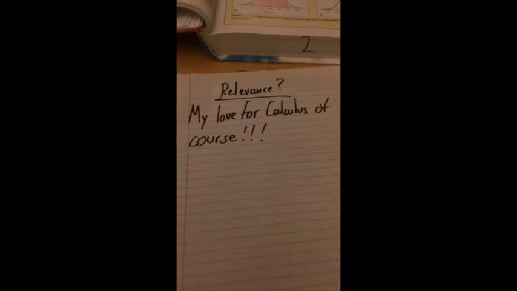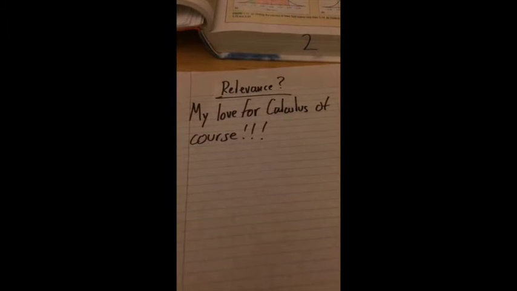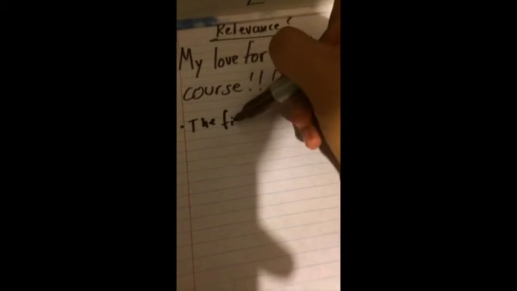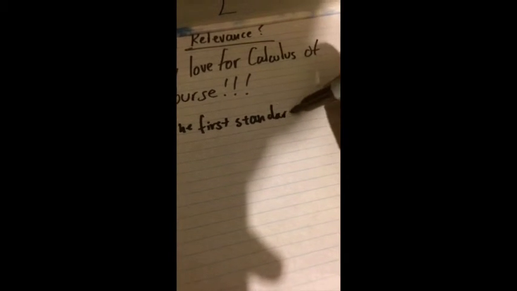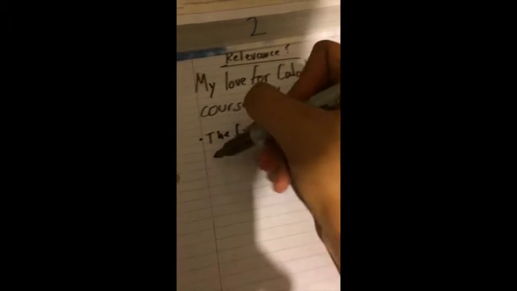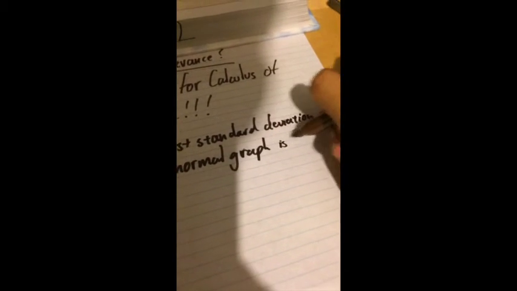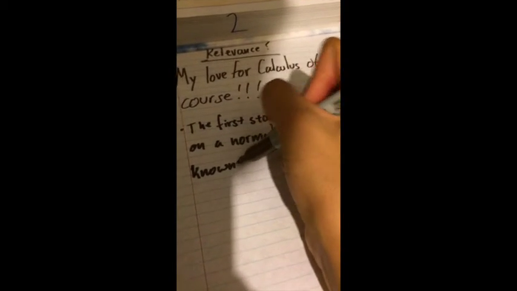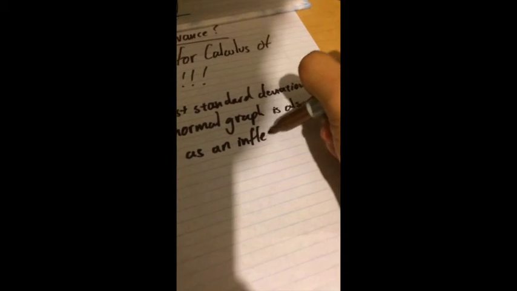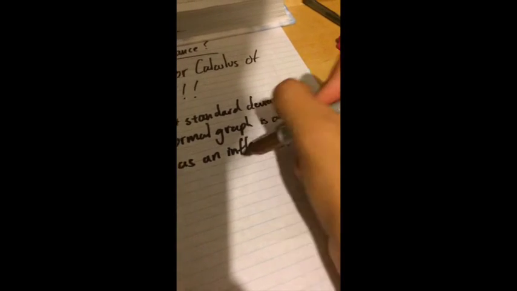Alright, so lastly we're going to talk about relevance to my personal life, and that's my love for calculus. These are notes I'm taking that you don't really need to know when applying the empirical rule, but I took them down for my own benefit. The first standard deviation on a normal graph is also known as an inflection point.